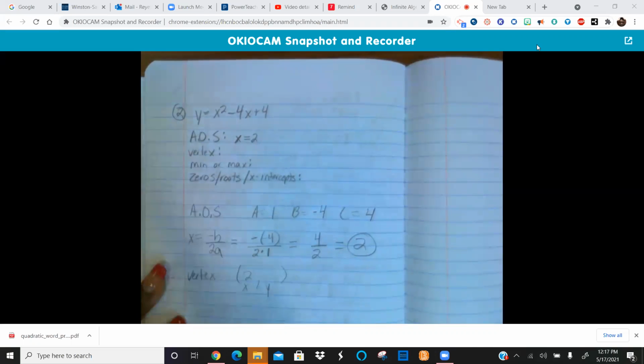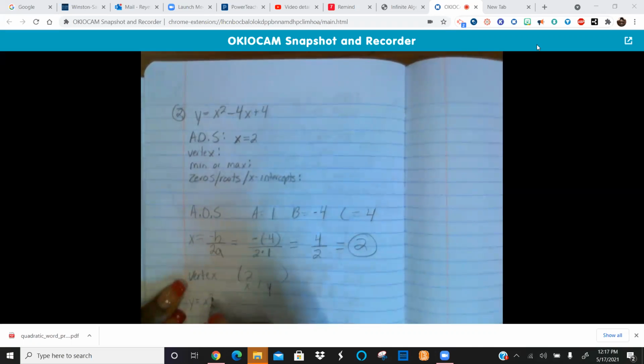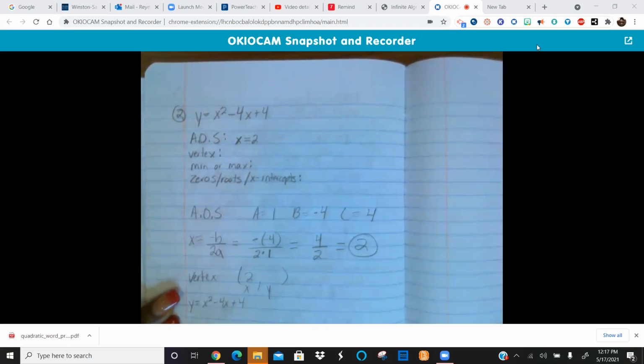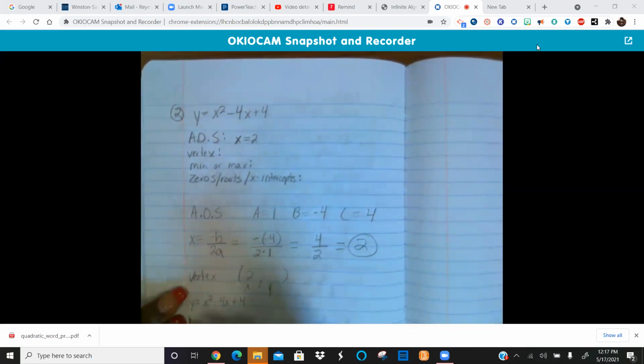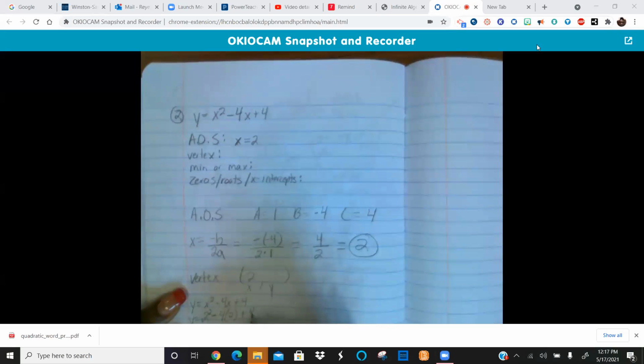You're going to take the equation and substitute x into it to find y. So y is equal to x squared minus 4x plus 4. I'm going to replace x with 2. So I have y is equal to 2 squared minus 4 times 2 plus 4.